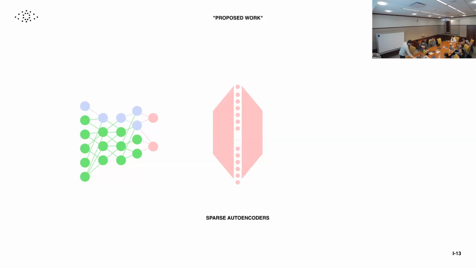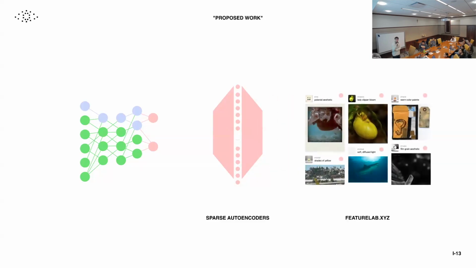Using this sparse autoencoder structure, we can magically identify human interpretable features from the latent space. And each of the features that I show here on the right is taken from this website called featurelab.xyz. Each of them corresponds to a neuron in the latent space of the sparse autoencoders.